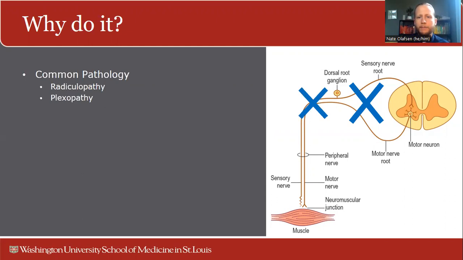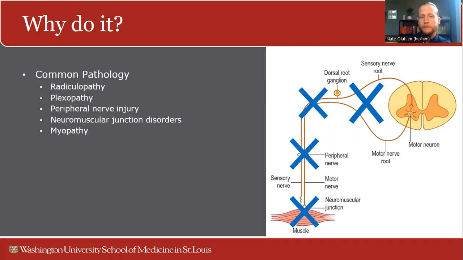The next X would represent where plexopathy, whether it be brachial or lumbosacral, if there was an injury there, we could assess for that as well. Peripheral nerve injuries, whether that be something more common like carpal tunnel syndrome or maybe a fracture causing a peripheral nerve injury. Neuromuscular junction disorders and myopathies. These are all pathologies that an EMG and nerve conduction studies can be helpful to assess for.